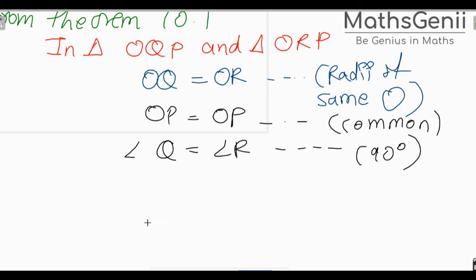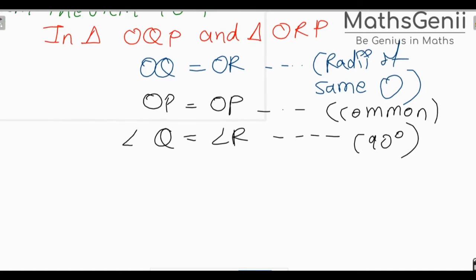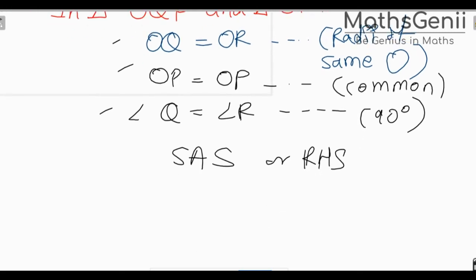So because of this, what I can say is by side angle side, this is side, this is side, this is angle, or you can also call it RHS, radius, hypotenuse and common side, then you can call it triangle congruence. You have proved it.